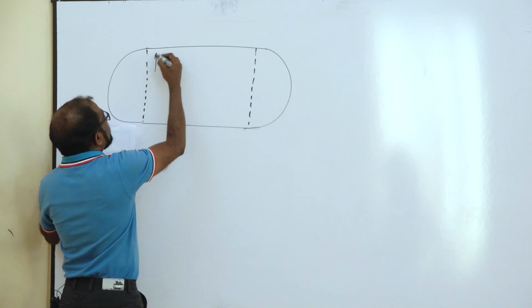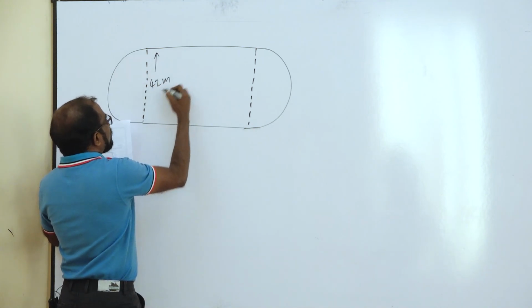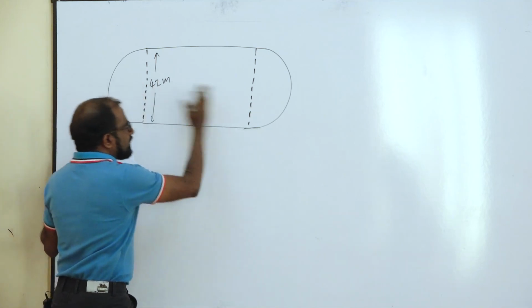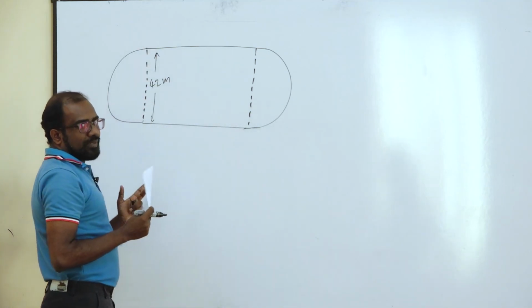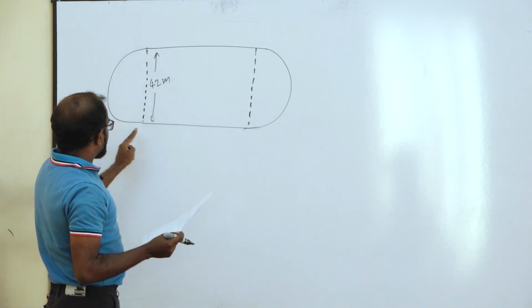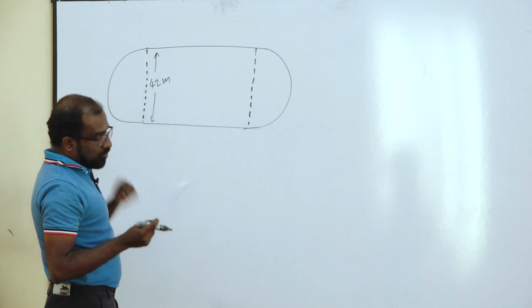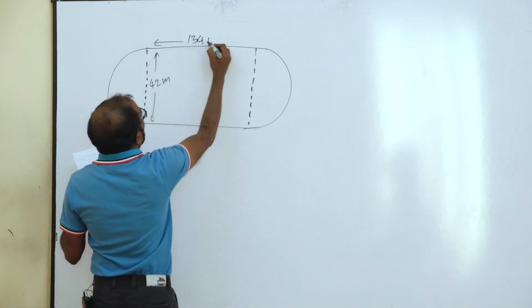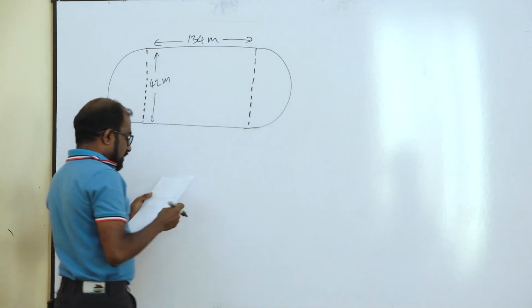The breadth of the rectangular section, which is the diameter of the semicircular part, is 42 meters. Then the length of this side is given as 134 meters.